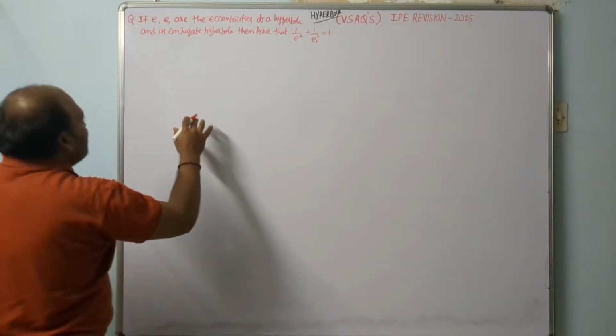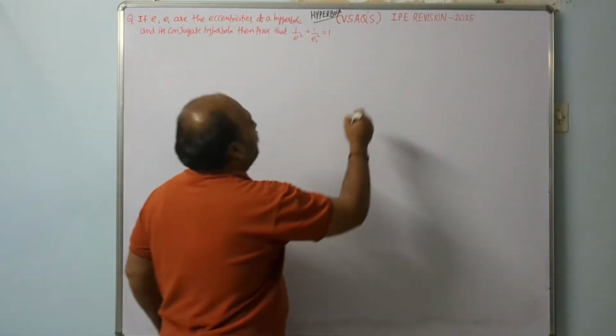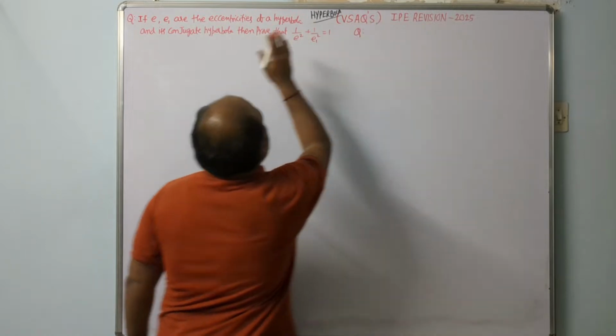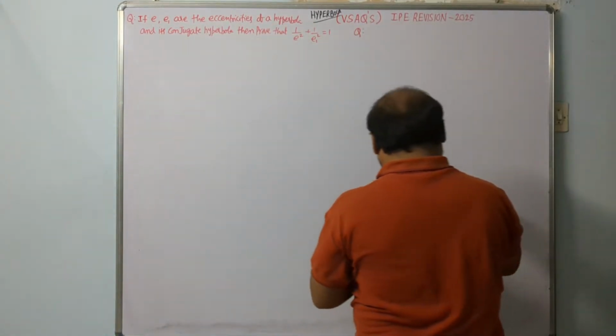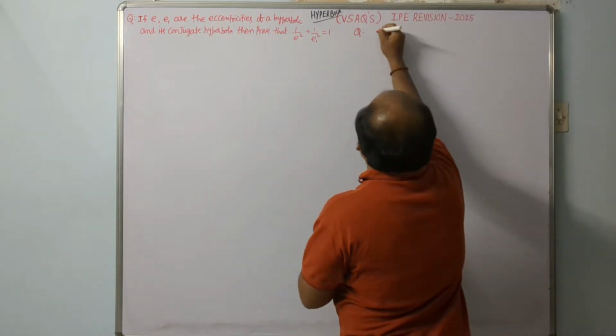So based on this, you have a question. Either this question they may chance to ask, or an application of this also they may chance to ask.